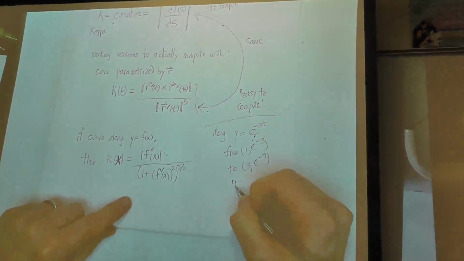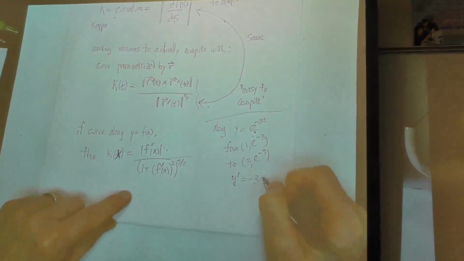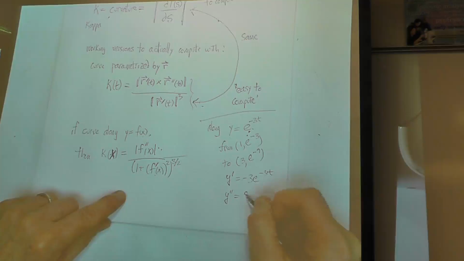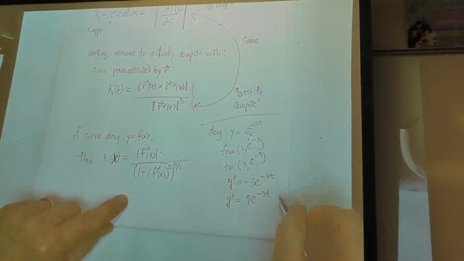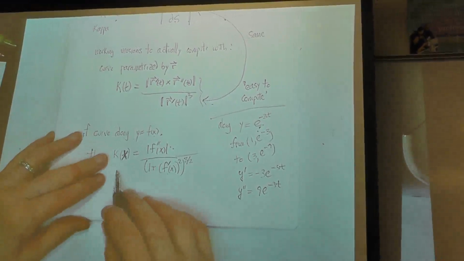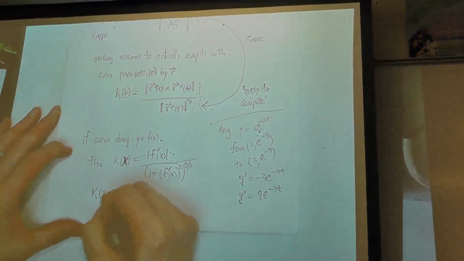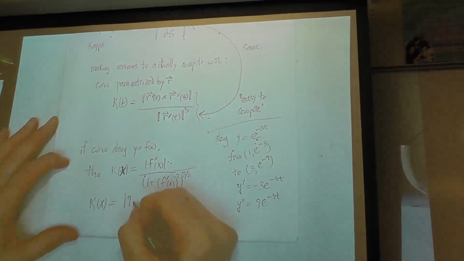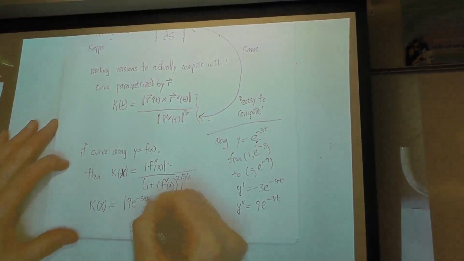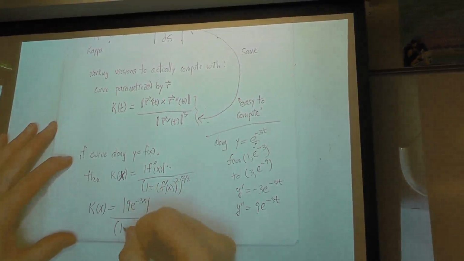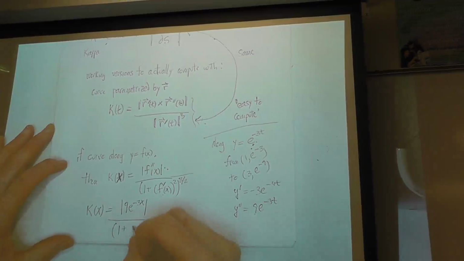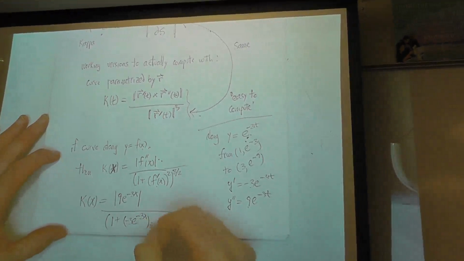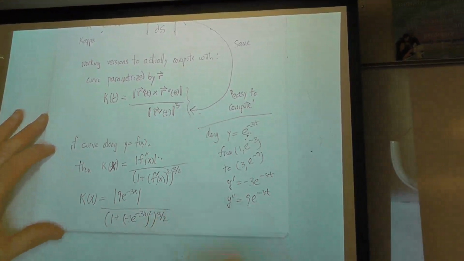So y prime is minus 3e to the minus 3x, y double prime is 9e to the minus 3x, and I could tell you then that the curvature at any point x would be given by the absolute value of 9e to the minus 3x over 1 plus this guy squared, to the 3 halves.